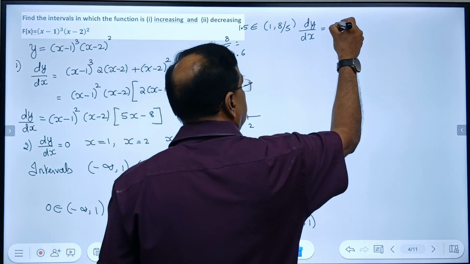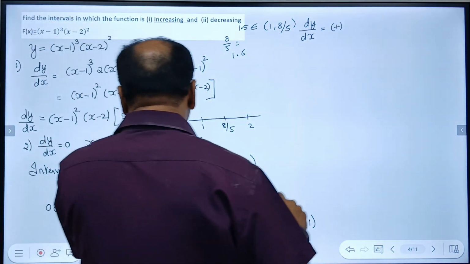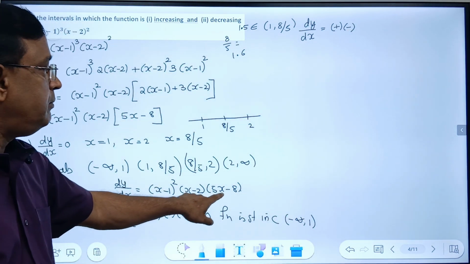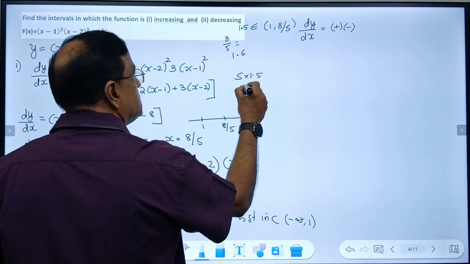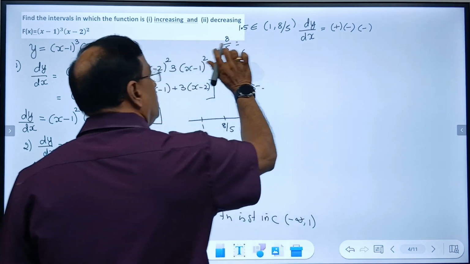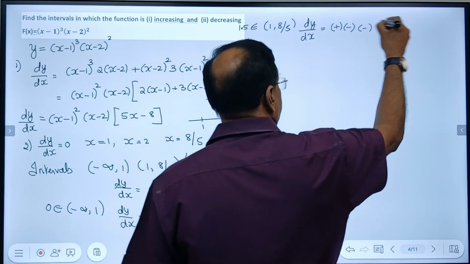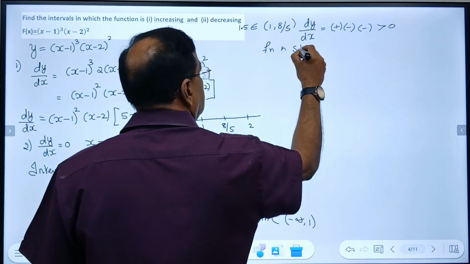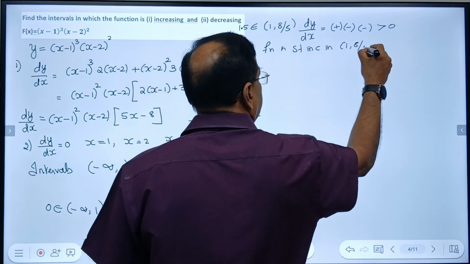What is 1.5 minus 2? It is going to be negative. And what is 5x minus 8 at 1.5? 5 into 1.5 is 7.5, and 7.5 minus 8 is negative. So negative into negative is always positive. Therefore, the function is strictly increasing in 1 comma 8 by 5.